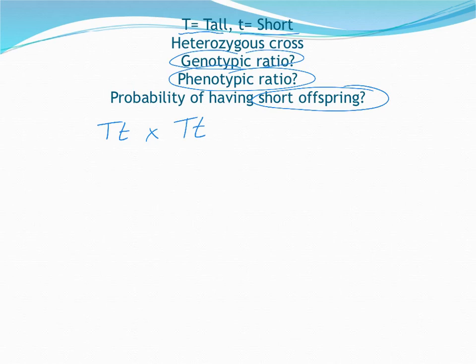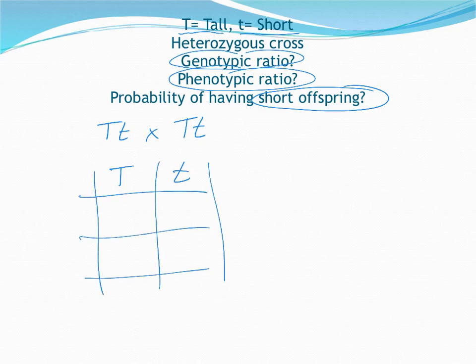The parents would give either a big T or little t from the first one, and the same from the second one. When we fill in our Punnett square, this is homozygous dominant, this is heterozygote, and this is homozygous recessive.